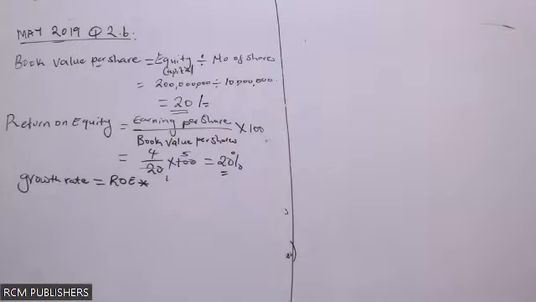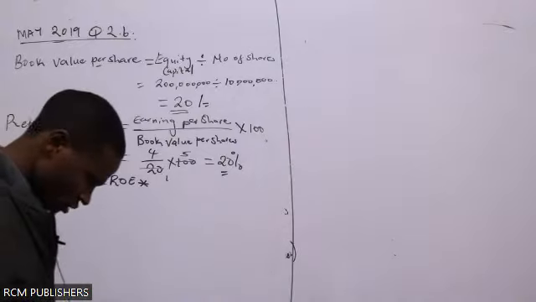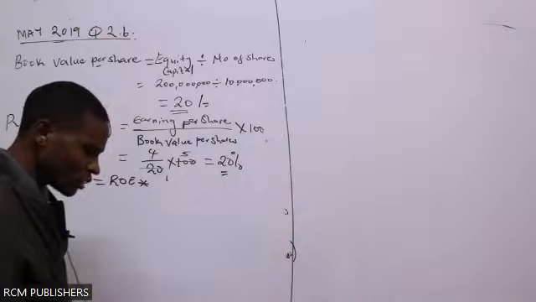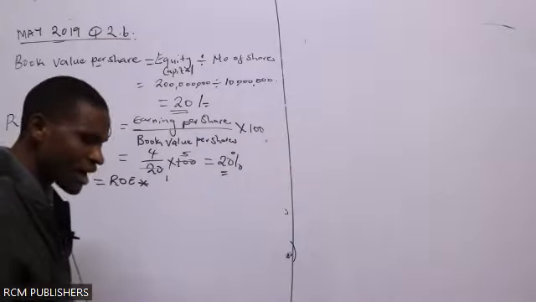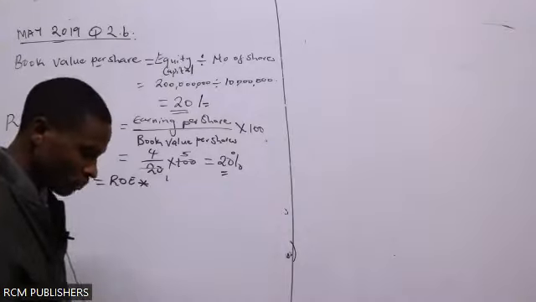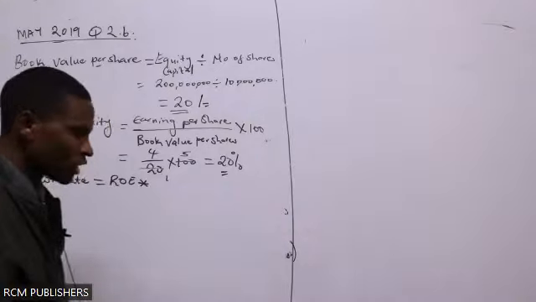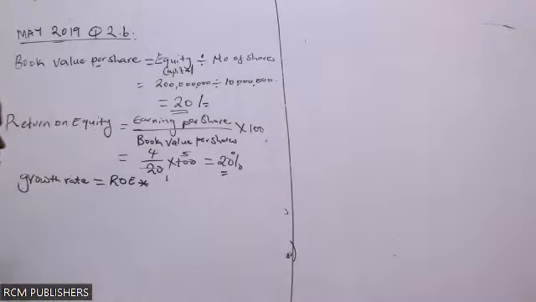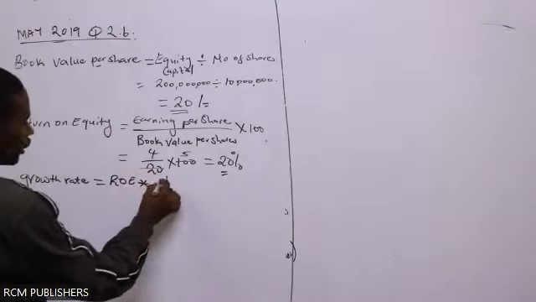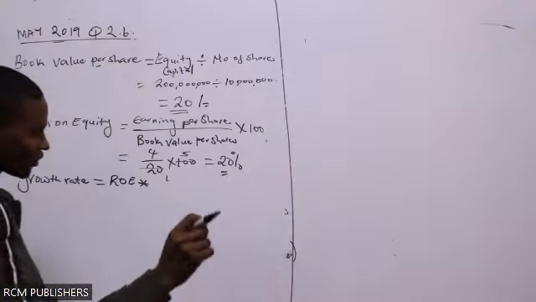Retention ratio. We have been given a retention of 40. Let me check. Where is it? Yes. The firm has in issue 10 million ordinary shares with a 40% dividend payout ratio. We have been given the payout ratio, not the retention. Therefore, if I'm given the payout ratio, I can multiply by the retention ratio.